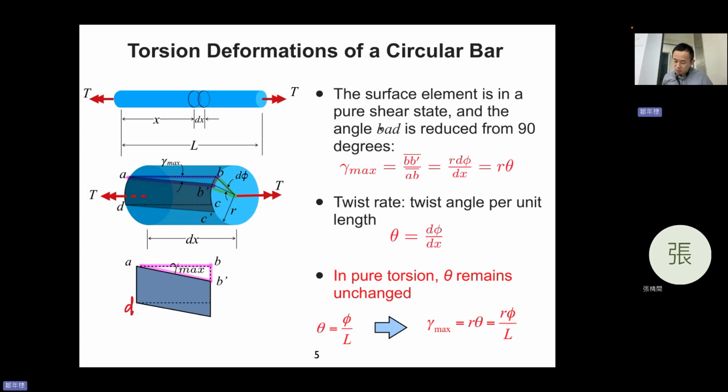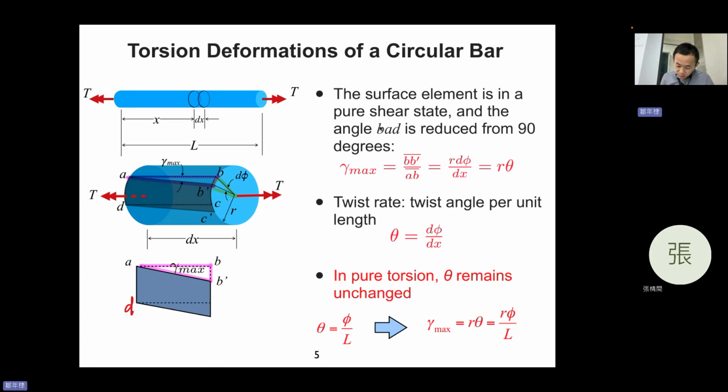So BB prime divided by AB is gamma max. I believe everyone knows this. And again, BB prime here is r d phi. So BB prime becomes r d phi, and AB is actually dx. So now gamma max equals r d phi divided by dx.